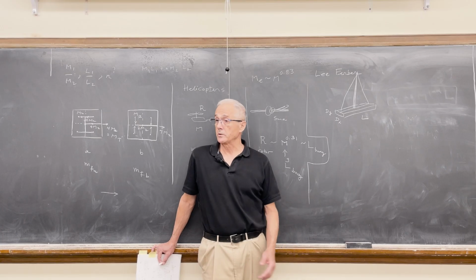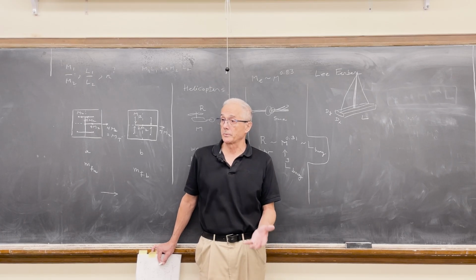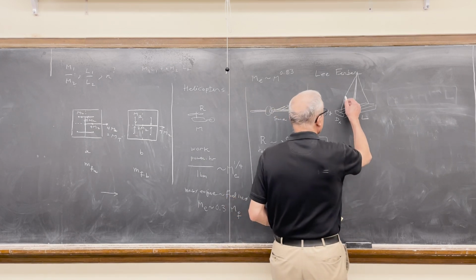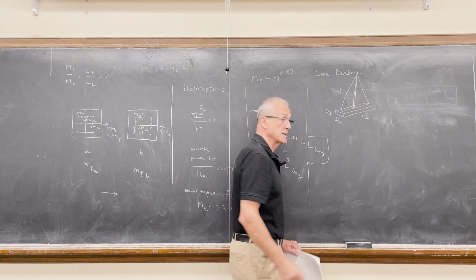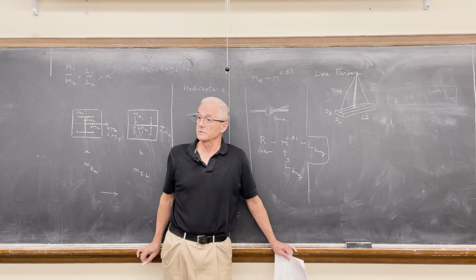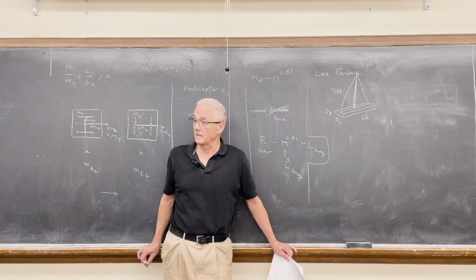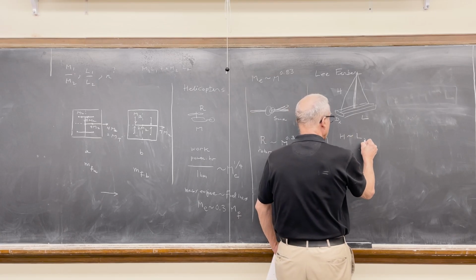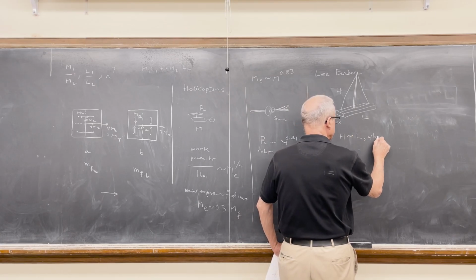And they all look the same. What do we mean by that? If the height of the sail is h, it seems as if h is of the same order as L. And the question is why?